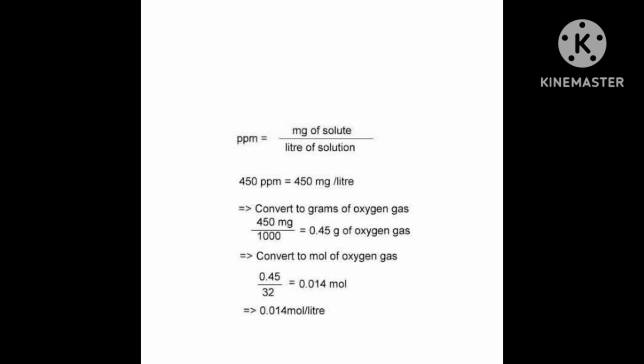We can express it as 5.8 gram per 10 to the power 6 gram. Or you can say 5.8 ppm, both are the same. 5.8 gram per 10 to the power 6 gram, both are in gram, mass by mass.